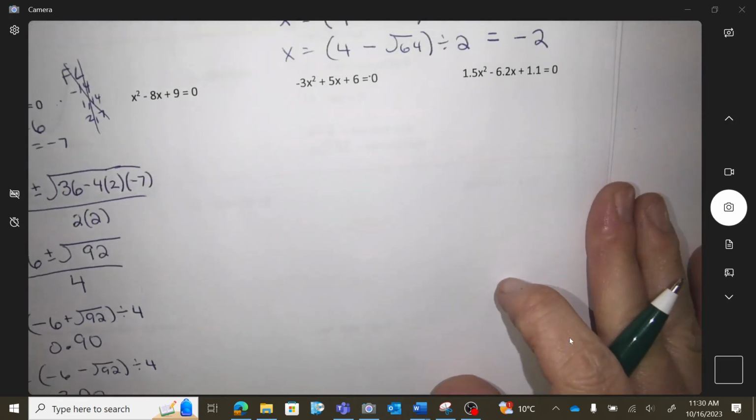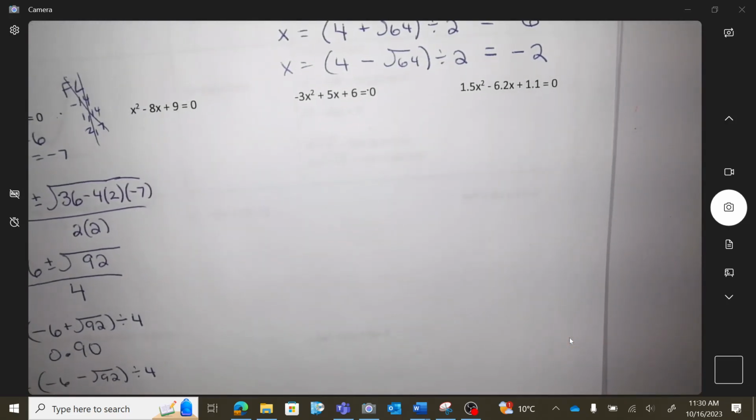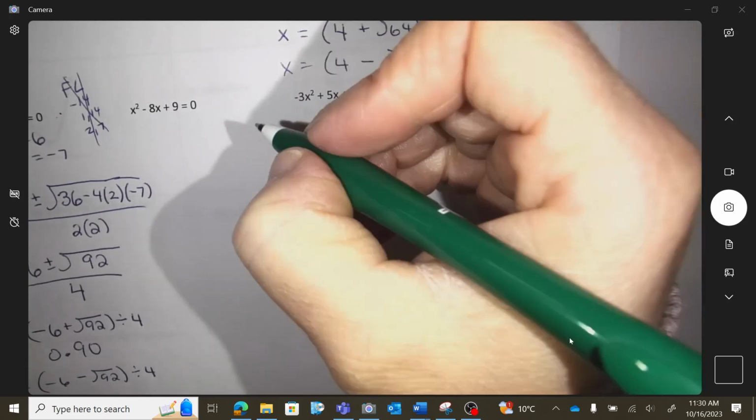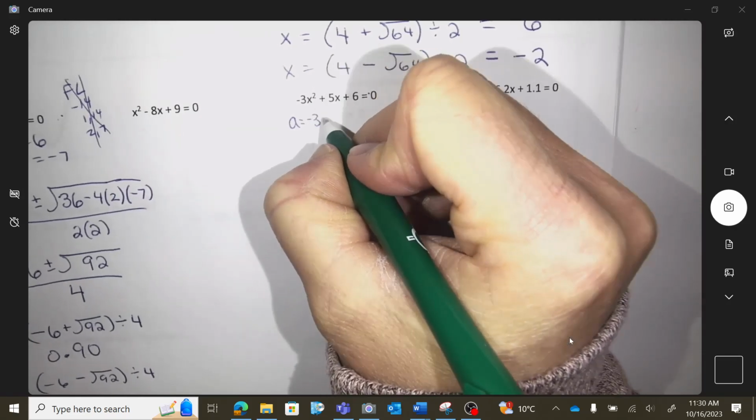Okay, I'm going to jump to number 3 here. The third one, maybe you don't have to do this, but I'll write it out for you.